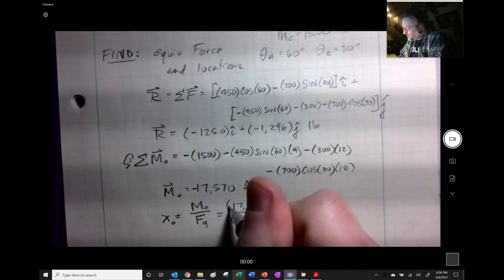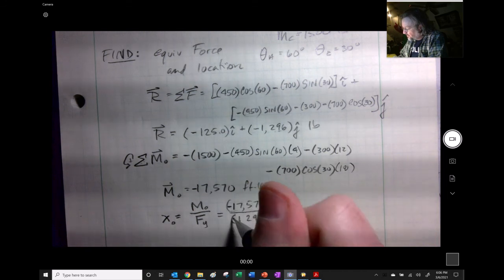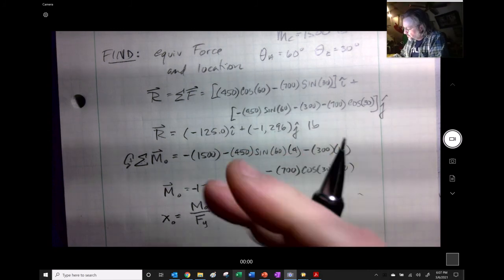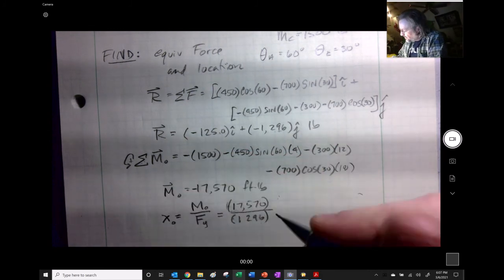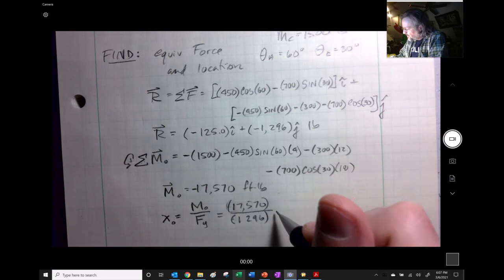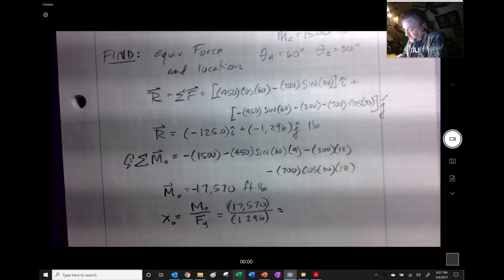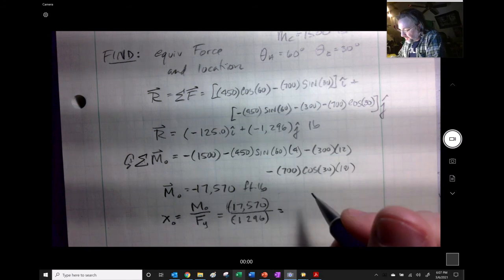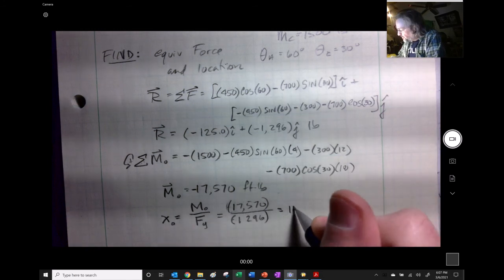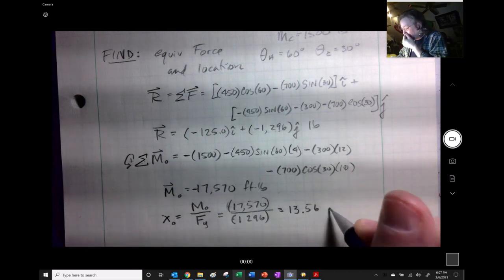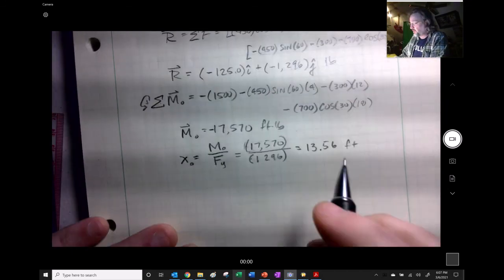We could even say that these are both negative if you wanted to, but I'm not going to bother. So just directly in my calculator, I just hit divide, and so this would be located at 13.56 feet.